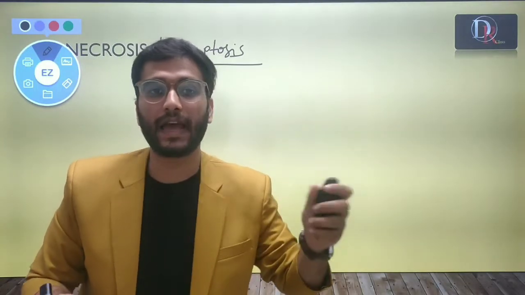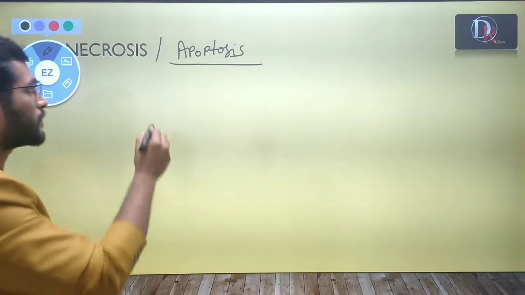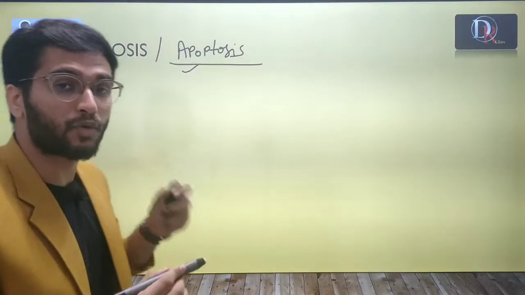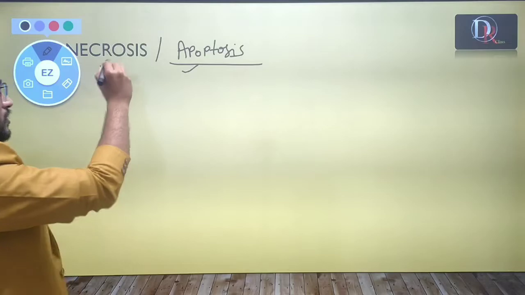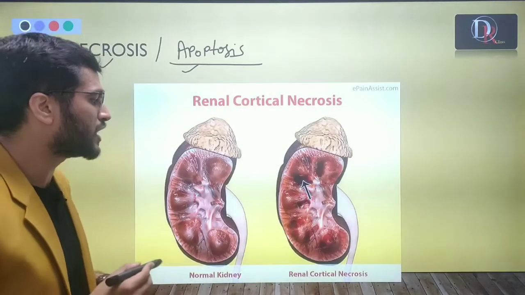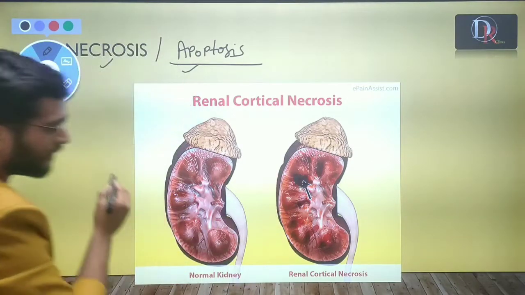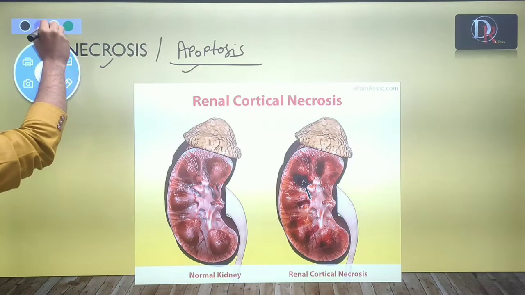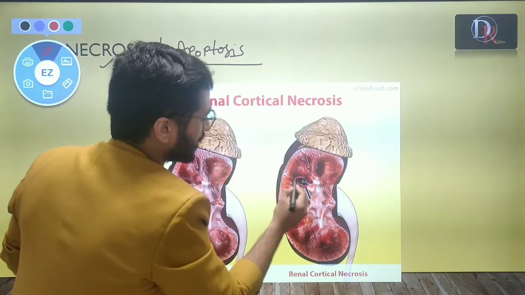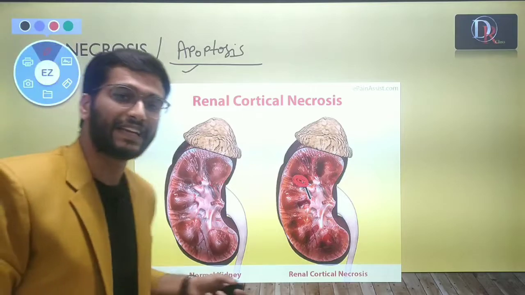We will learn more about apoptosis in the physiological portion. Apoptosis is programmed death, whereas necrosis is the unprogrammed local death of tissue. So here you can see the death of tissue: this is necrosis in the cortical region of the kidney.